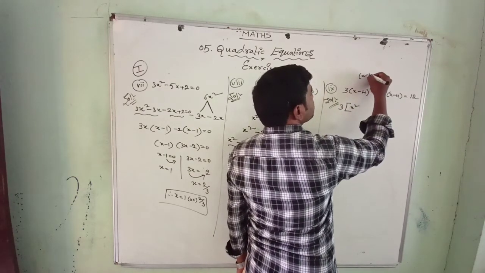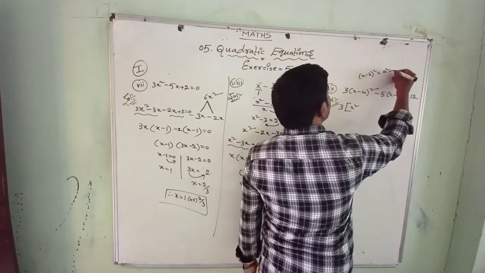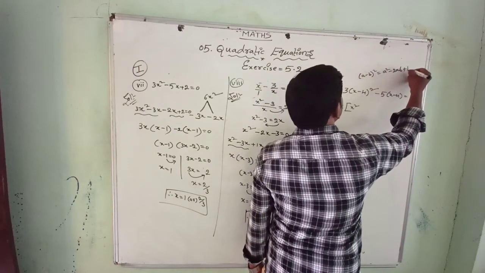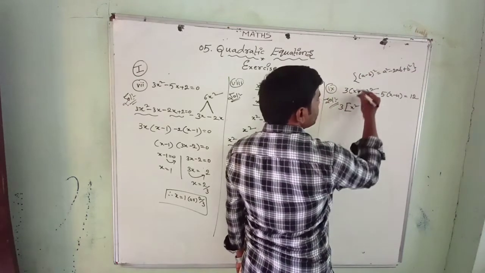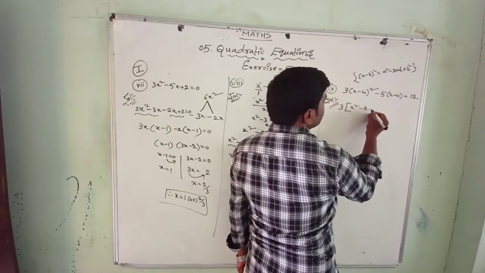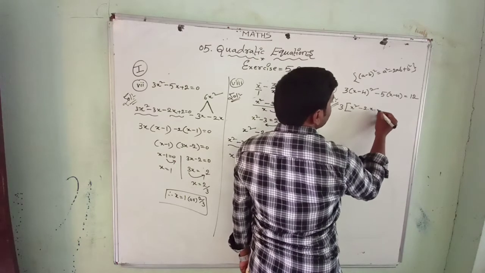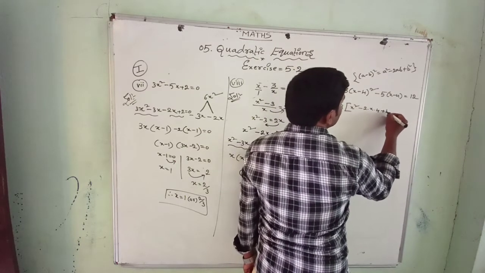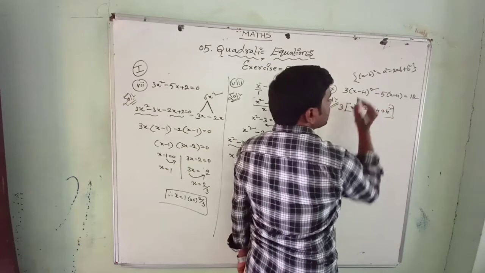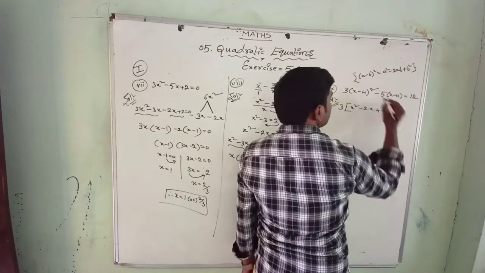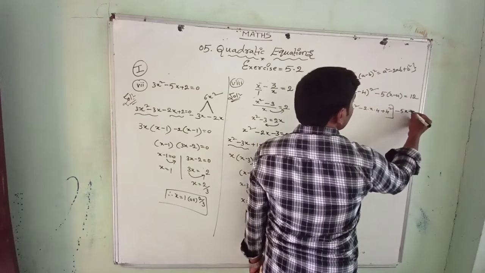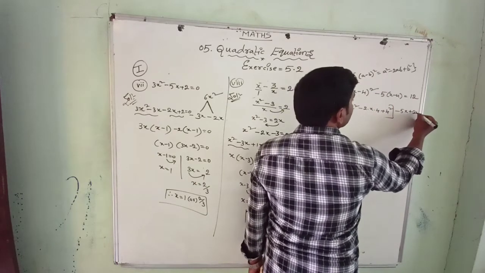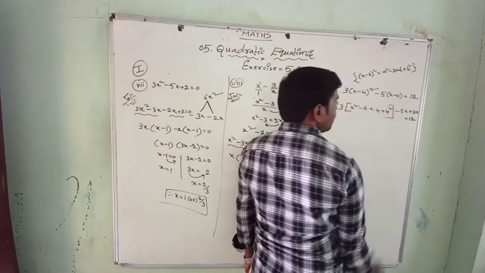Here a minus b whole square equal to a square minus 2ab plus b square. This is the formula, no? So let us write here x square minus 2 into a, it is x, and b it is 4, plus 4 square. We have written in a minus b whole square expanded form. Minus 5 into x is 5x, minus into minus plus 5 4s are 20 equal to 12.